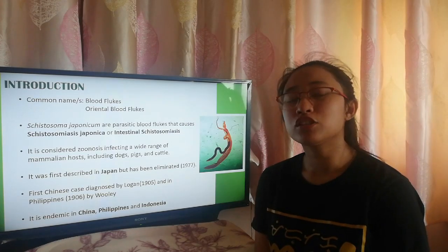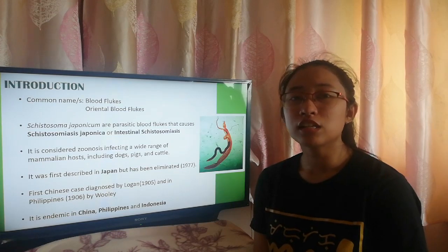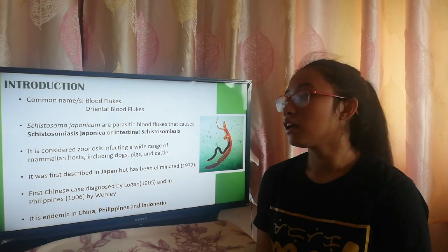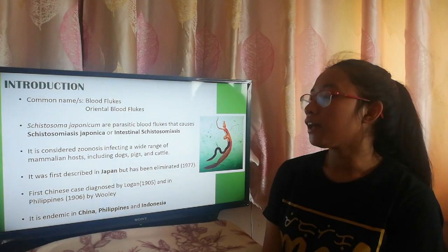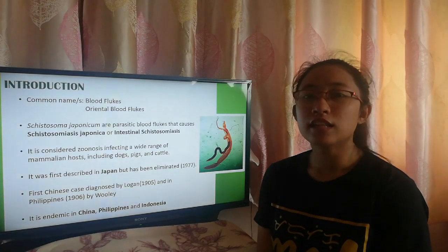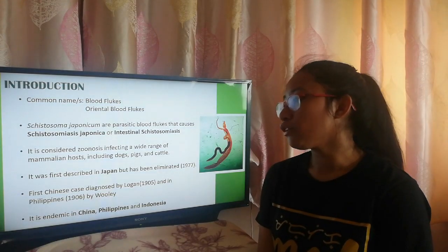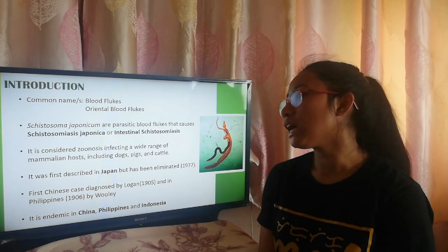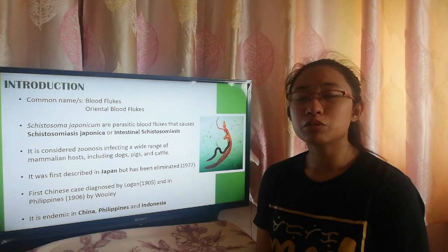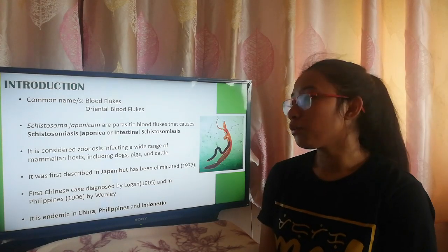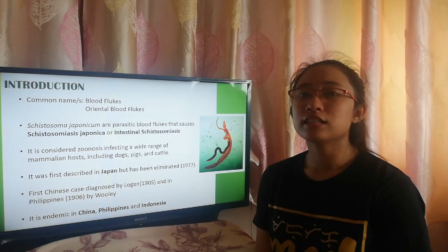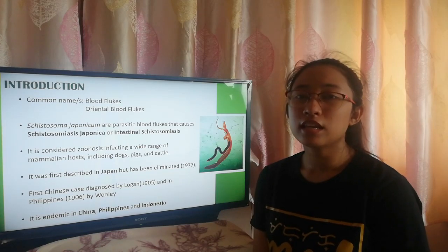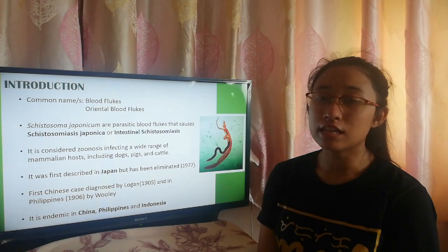Schistosoma eggs were identified in a female corpse that came from the Western Han Dynasty, 2,000 years ago. The first Chinese case diagnosed was in 1905, reported by Lu Gan, and in the Philippines, or locally, it was in 1906, reported by Wu Lei. As of today, the parasite is endemic in China, Philippines, Indonesia, and some parts of Southeast Asia.